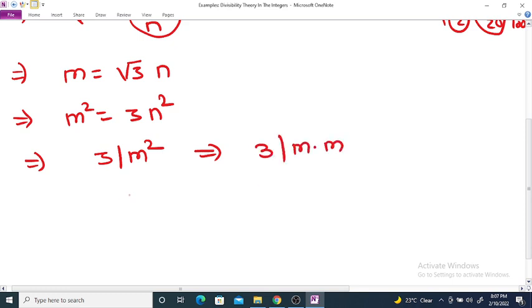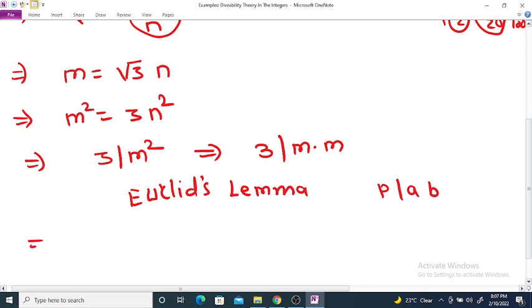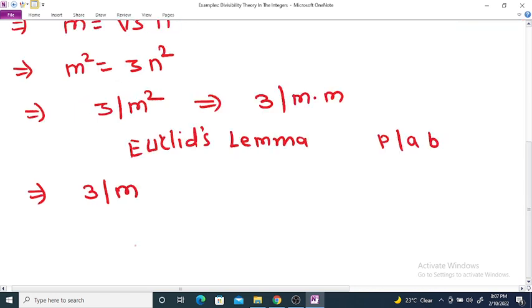By using Euclid's lemma, we know that if p is a prime and p divides ab, then either p divides a or p divides b. From this we can say that 3 divides m.